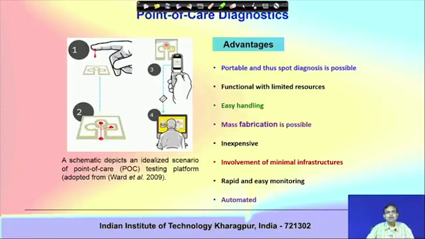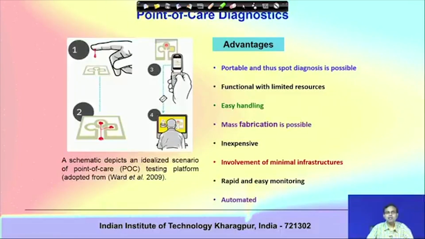Then this one drop of blood is passed into a large number of channels if a large number of tests need to be done, or maybe a small number of channels only if a few tests need to be done. So, what is essentially done? I will talk about one particular example which is called colorimetric testing.